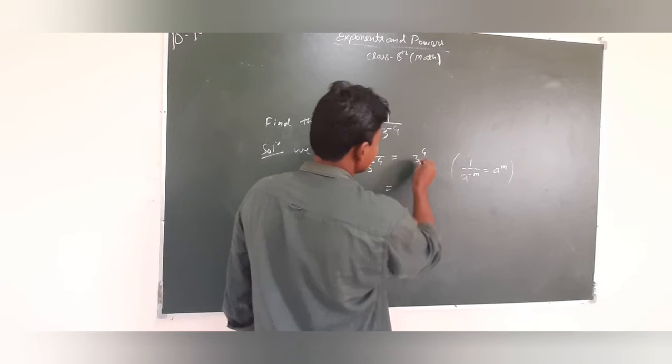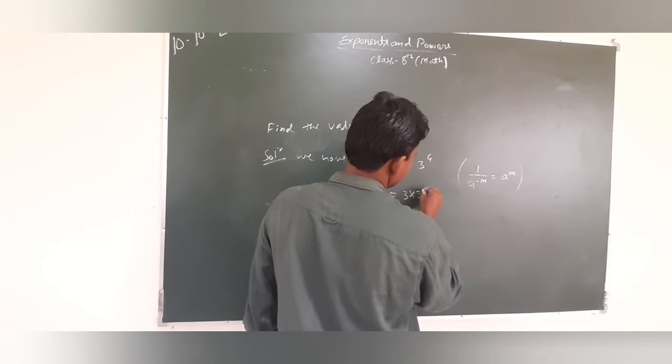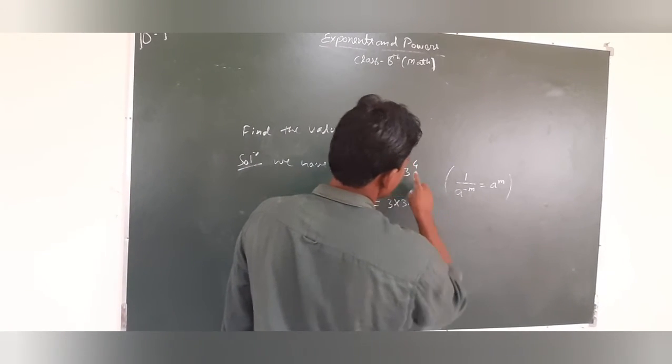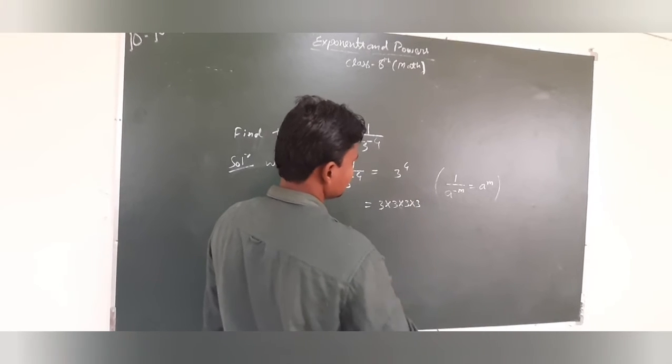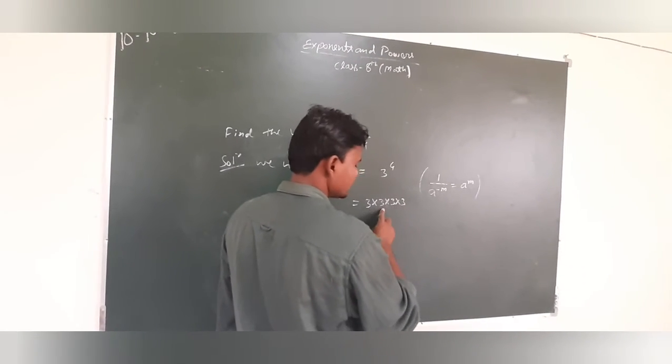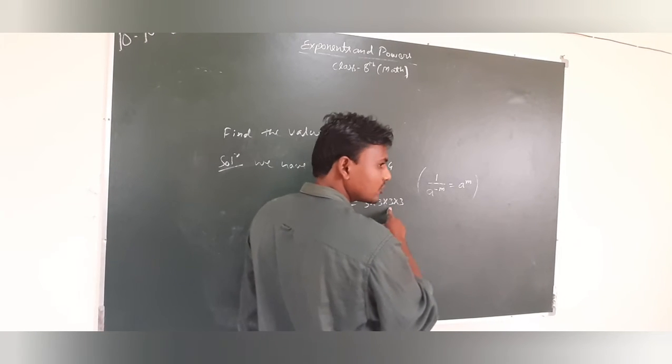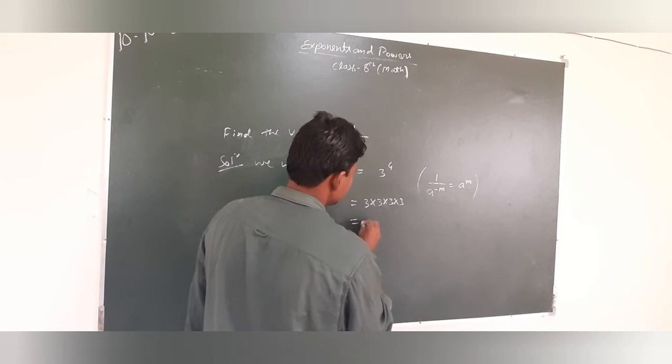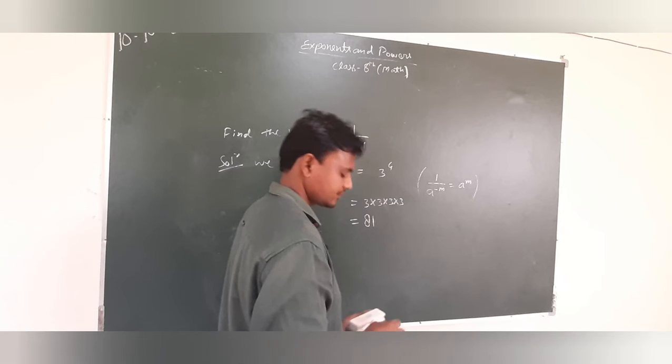Here 3 to the power 4, that means 3 into 3 into 3 into 3, 4 times. Here power is 4, then we multiply the same number 4 times. 1, 2, 3, 4. 3 into 3, 9. 9 into 3, 27, and 27 into 3, that is 81.